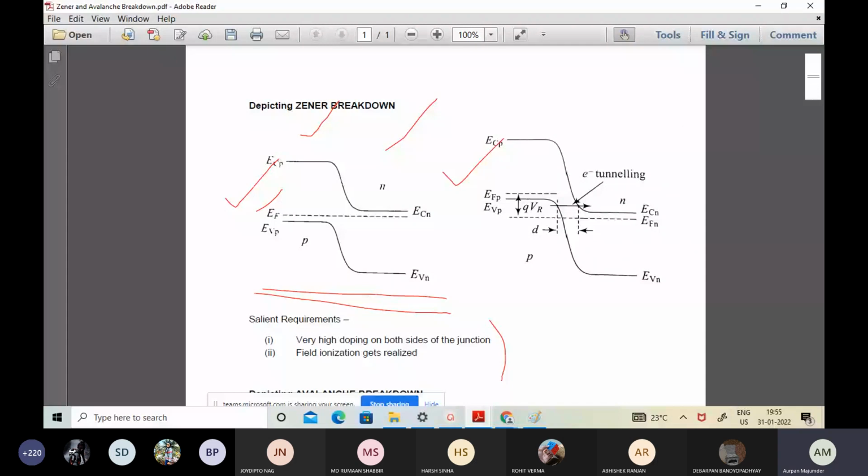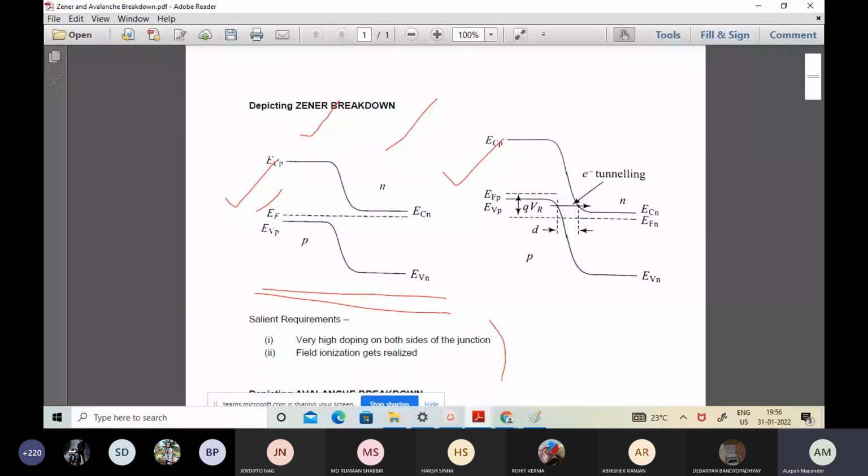Now, this picture is exactly similar for the case of a normal diode as well. But when we take into account the Zener breakdown, and that too when we get into the idea of reverse potential application, then the transport phenomenon of the carriers becomes different.